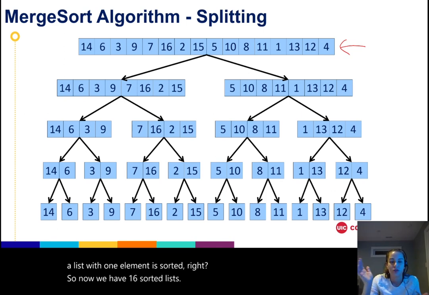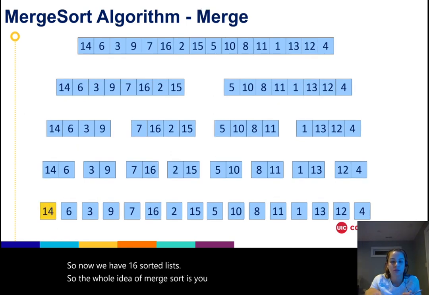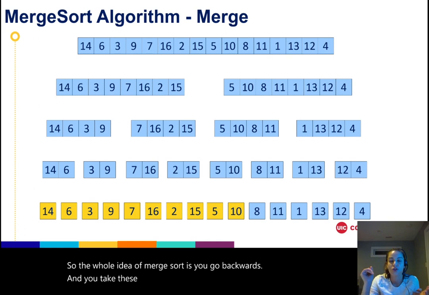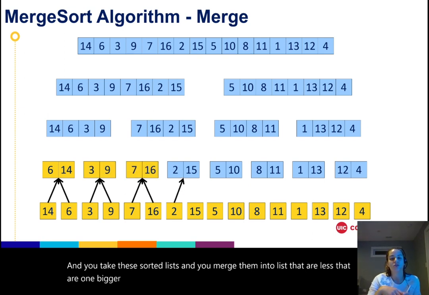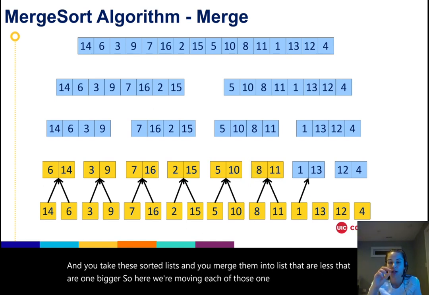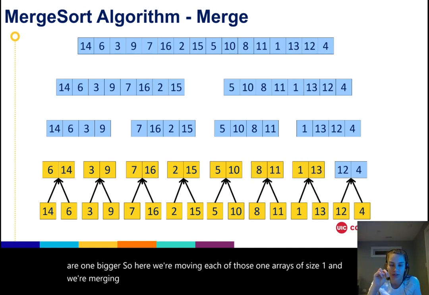So the whole idea of MergeSort is you go backwards and you take these sorted lists and you merge them into lists that are one level bigger. So here we're taking each of those arrays of size 1, and we're merging them with another array of size 1 into a sorted list of size 2.